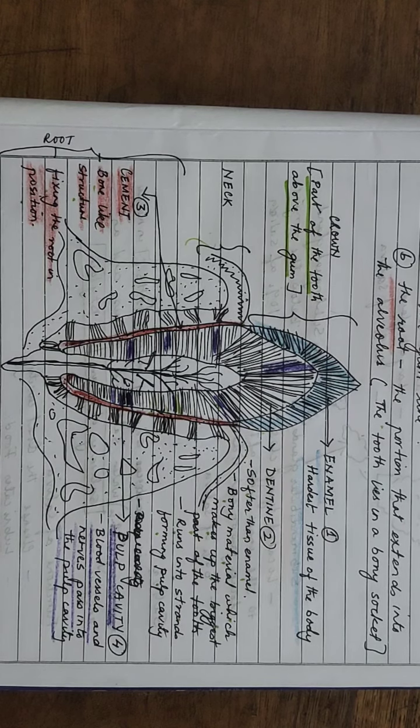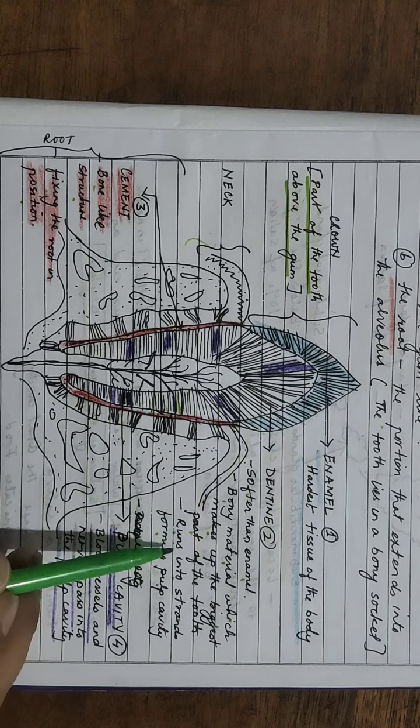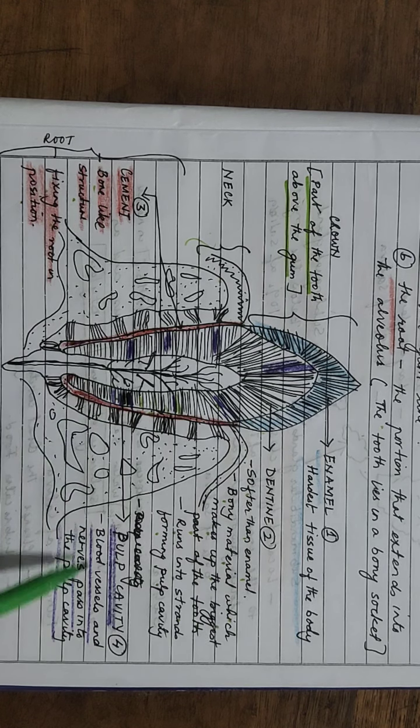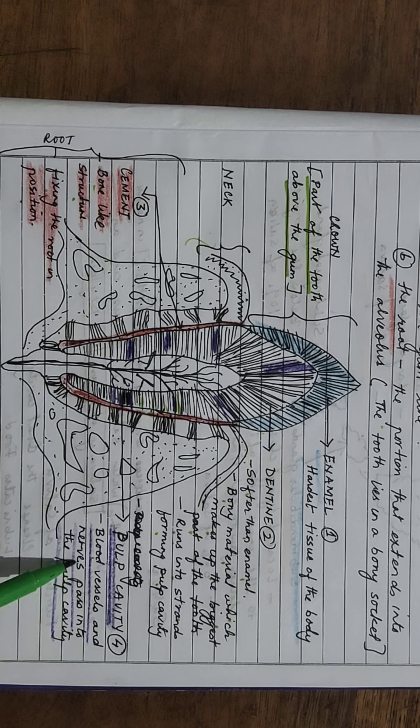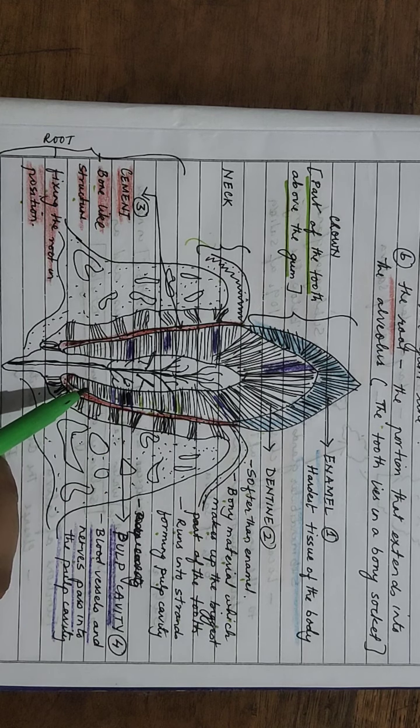That is the cement. Next, we were talking about dentine. This dentine runs into strands, and these strands join together to form the pulp cavity. Whenever you think of the pulp cavity, it has blood vessels and nerves passing into it. That's why whenever you have tooth decay, it pains a lot and it affects your brain also, an instant reflex to the nervous system.